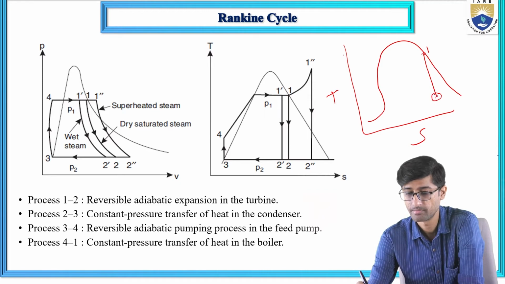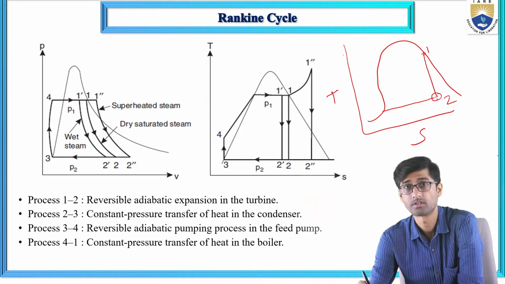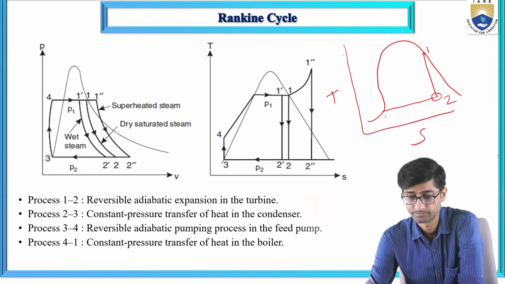Now this wet steam is going to the condenser, where, let's say this is point 2. At this point 2, the wet steam is going to the condenser, the heat is rejected, and this condensation process takes place continuously, where the wet steam is converted into saturated liquid, and this is going to the boiler.